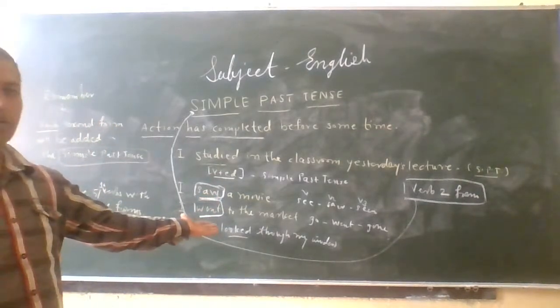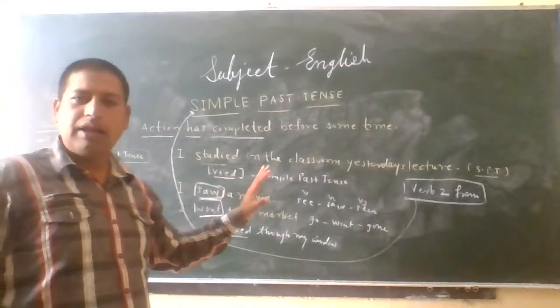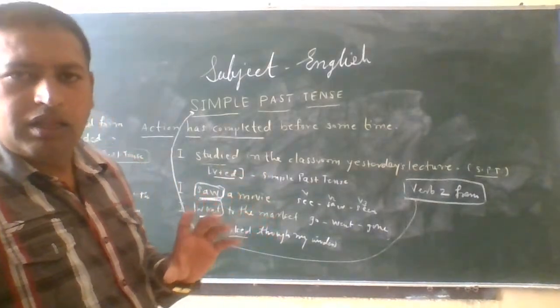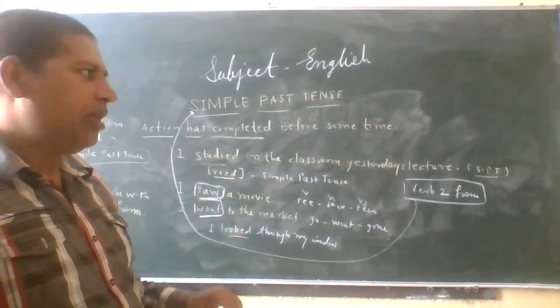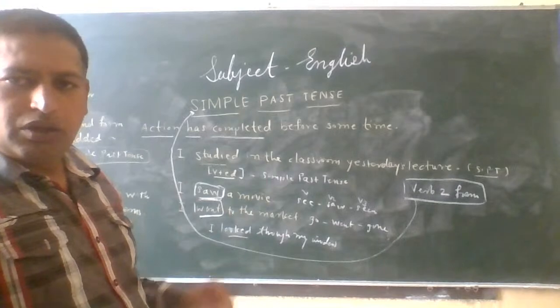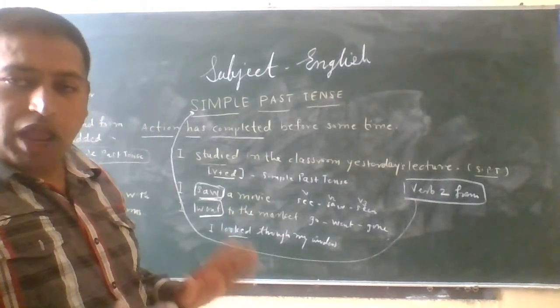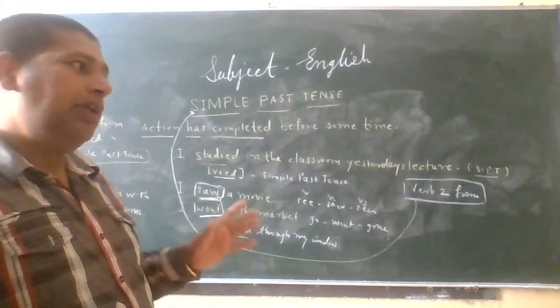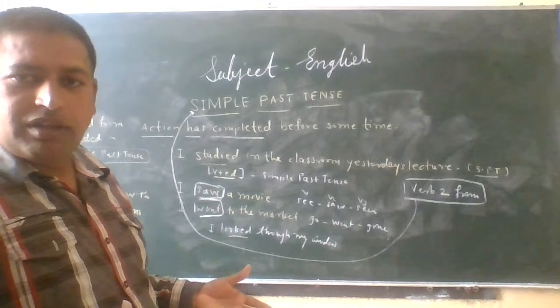You can see the second form: I drank a glass of milk. I drank a glass of milk two hours before. I got up early in the morning. I studied. I took my breakfast.